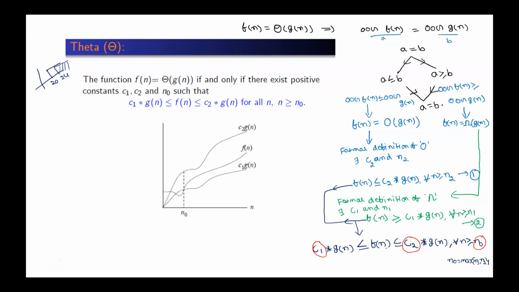Next, we are showing that f of n's order of growth is greater than or equal to that of g of n. That means this inequality says that the order of growth of f of n is the same as the order of growth of g of n, which is nothing but the formal definition of big theta notation.